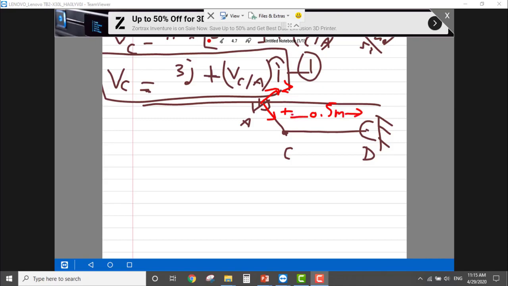Okay, and this length makes an angle of 60. So here, what should we say?